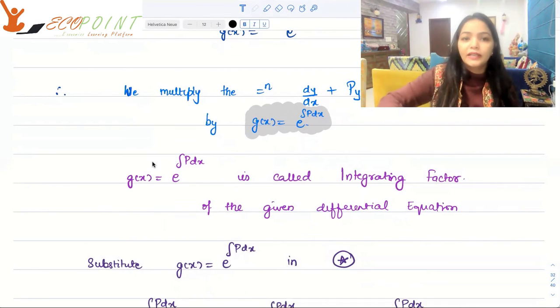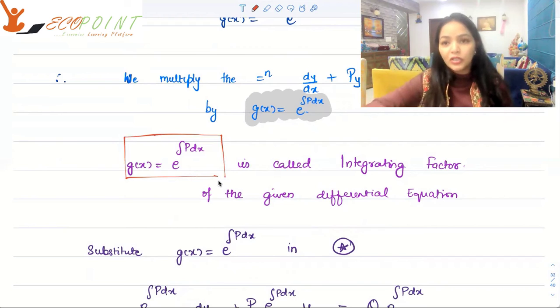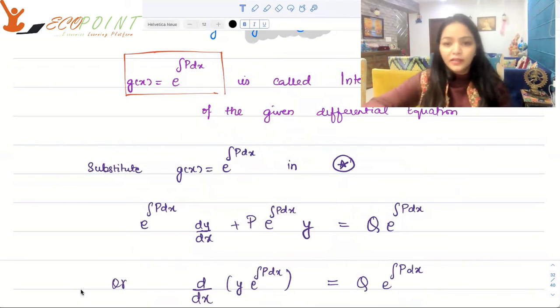Whenever you have a linear differential equation, you multiply by this integrating factor. You substitute for g(x) as e to the power integral p dx, so your linear equation will become e to the power integral p dx dy by dx plus p into e to the power integral p dx y equals q e to the power integral p dx.